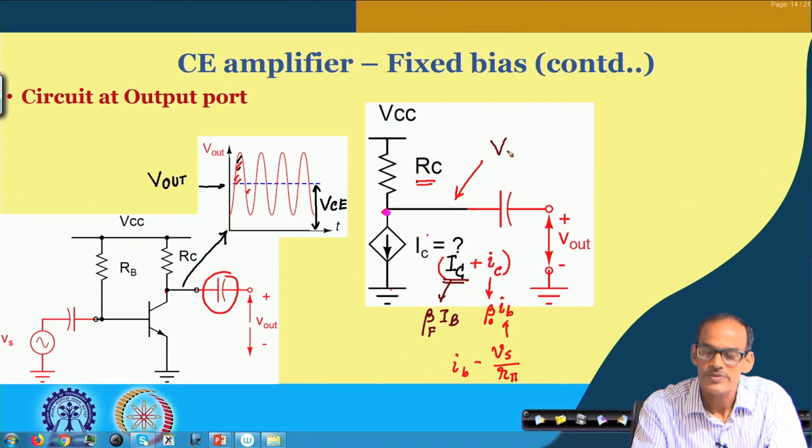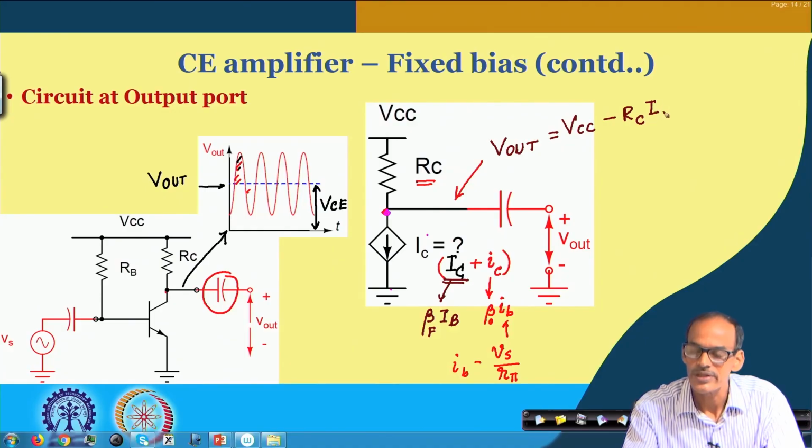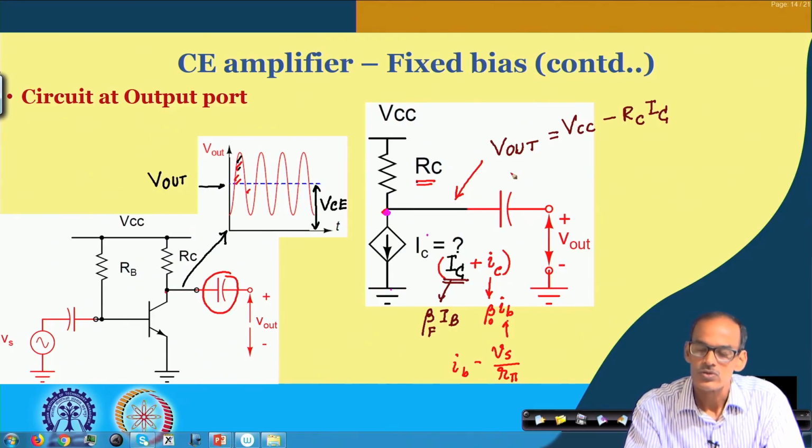So we have this V out, which is VCC minus RC multiplied by I capital C, which is of course beta into I capital B. In addition to that, we also have the small signal part, so we may call it small v out.